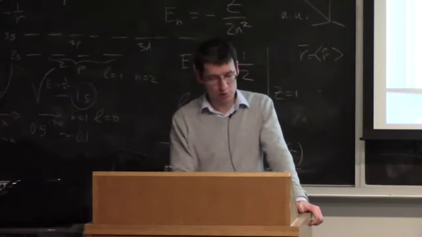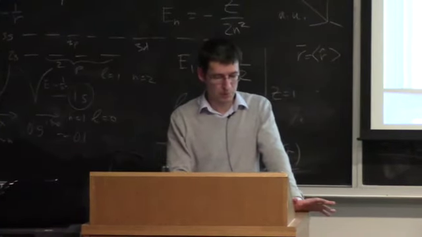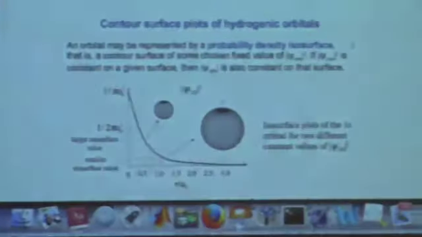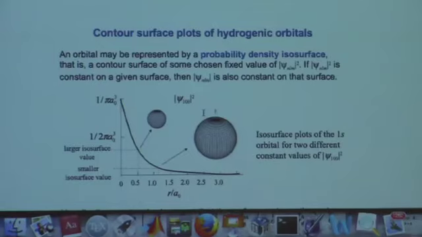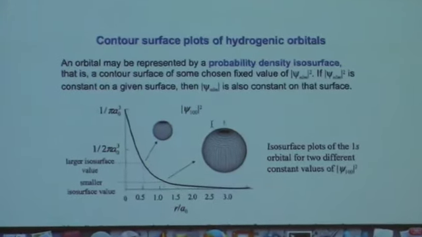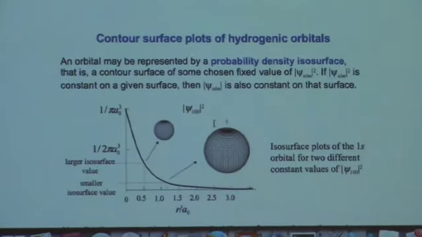So what people usually do, they plot probability density isosurfaces where the radius is fixed, so that a certain probability is encompassed into this isosurface.